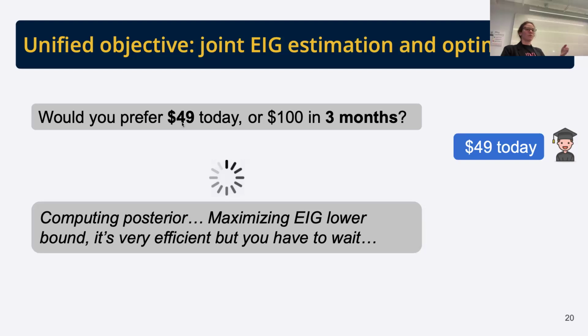So, would you prefer $49 now or $100 in 3 months, being the first one, to which the human participant says, I would like the $49 now, please. Now, what we're going to have to do next is compute our posterior, and then we'll have to maximize our expected information gain lower bound, which we just discussed. It is very efficient, but we'll still have to wait, right?